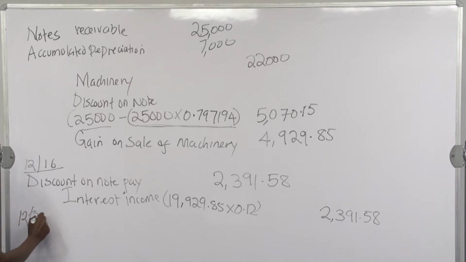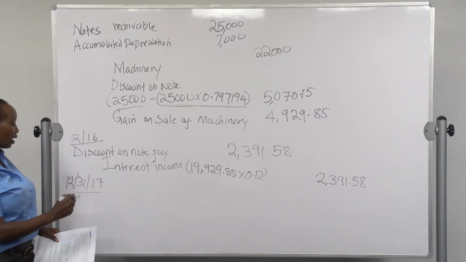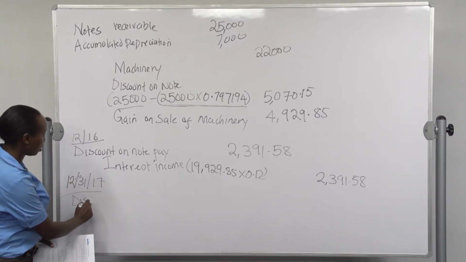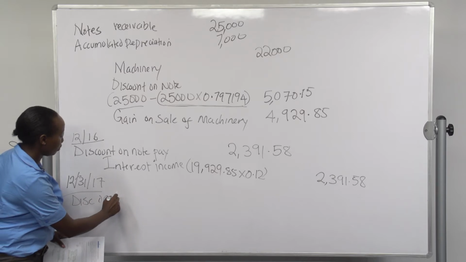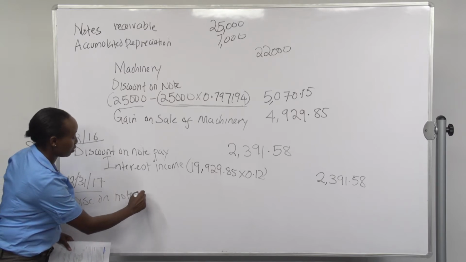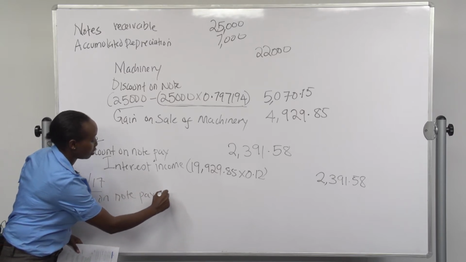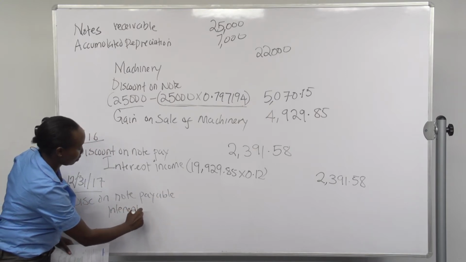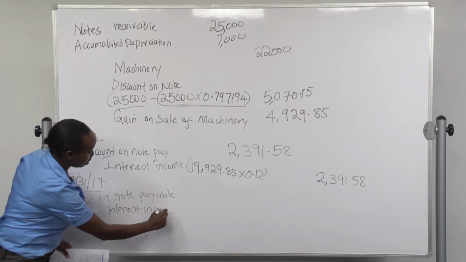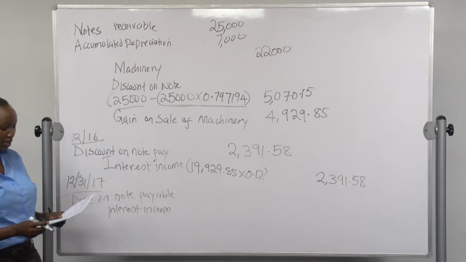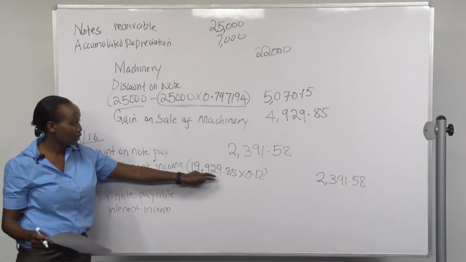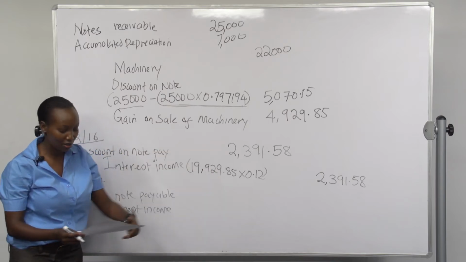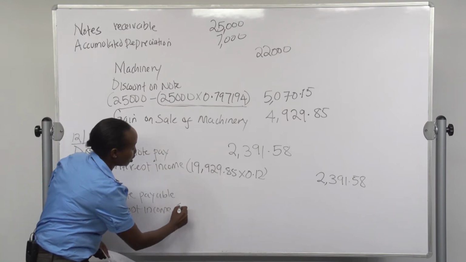At the end of 2017, we have another journal entry. On 12/31/17, we amortize the discount on the note again and post the interest income. This time we're not using just the 19,929. Now we've already amortized this, so we incorporate that into our calculation.